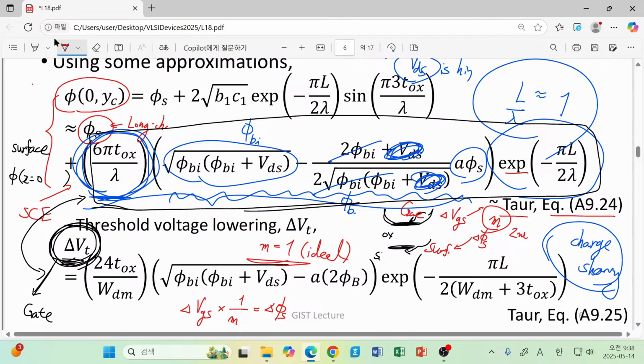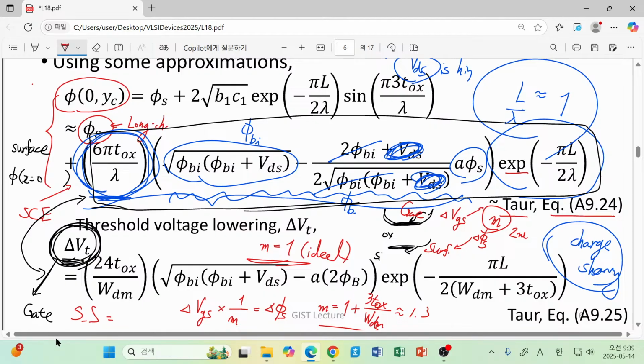Unfortunately, this is usually not the case. m can be expressed as 3 times Tox over WDM, the maximum depletion width. In our previous planar MOSFET case, for a well-defined device, its value was about 1.3. If m is 1.3, please guess what would be the sub-threshold slope of this device.